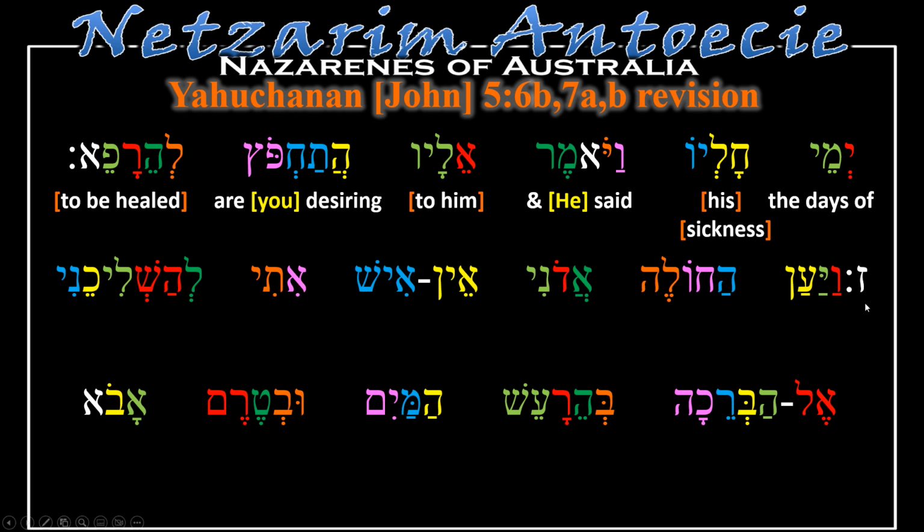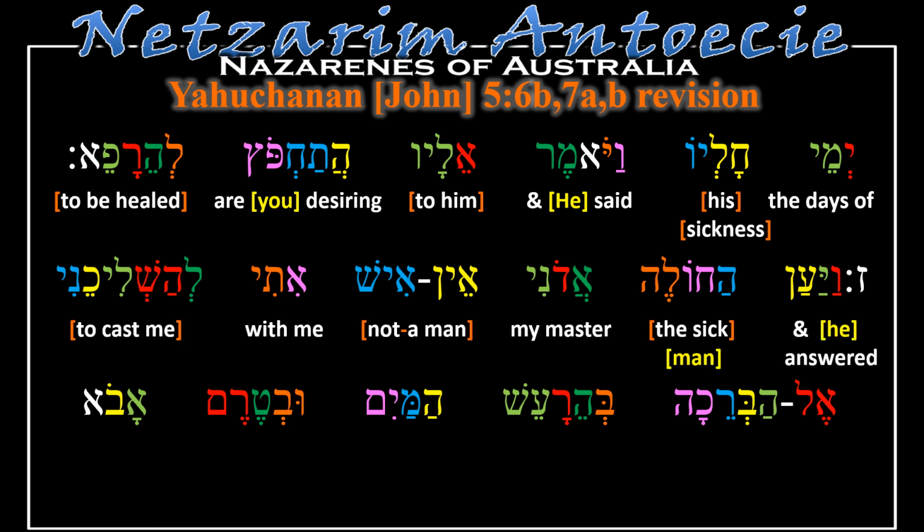And we have a zayin, which has a value of 7, so we know we're in verse 7. Vaya'an ha-chole, and he answered, the sick man, Adoni, my master, ein ish iti lehash li keni, not a man with me to cast me.